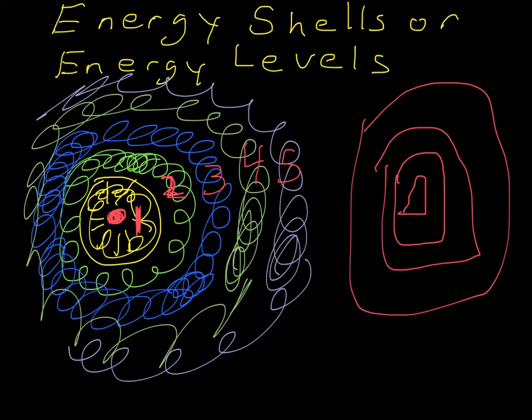Well, in an atom, we name the first doll around the nucleus the first energy level, the second doll the second energy level, the third doll the third energy level. So we have energy levels going out from the nucleus. So the first way we organize the electron cloud is we divide it up into energy levels.